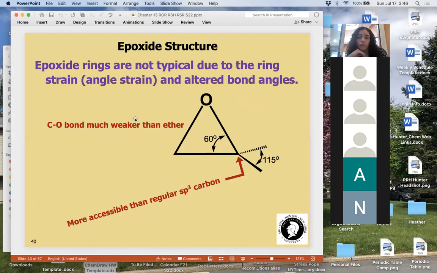You really can't think of it as purely an SN2 reaction because first off, the ring is strained, and so alkoxide makes a fine leaving group because you're releasing ring strain, but these angles are screwed up. So this, what I'm showing as a tertiary carbon, is a lot more accessible than a regular tertiary carbon.